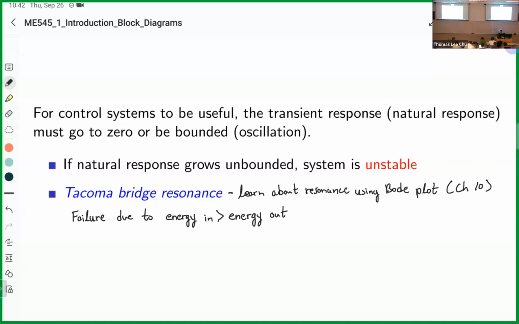So the beauty of a step function or impulse function is that you excite all frequencies, and you see the system vibrating at that particular frequency. You don't know what frequency it's at. That's why we hit it with an impulse or step function, and that excites all the frequencies, and we see which frequencies are the resonance frequencies.